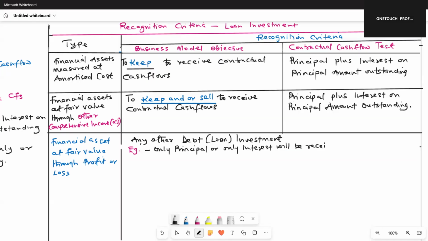If you are going to receive only principal or only interest, then it does not fit into any of this. Exactly. Did you get it?